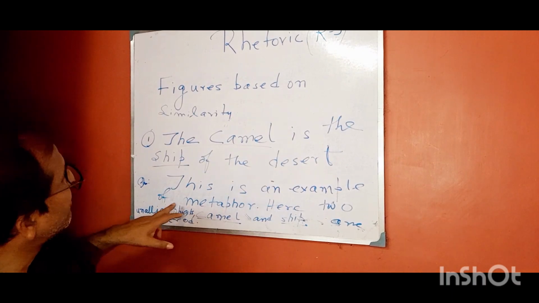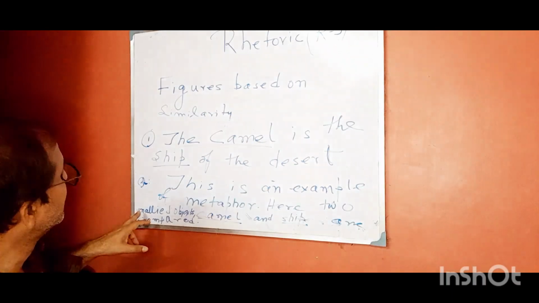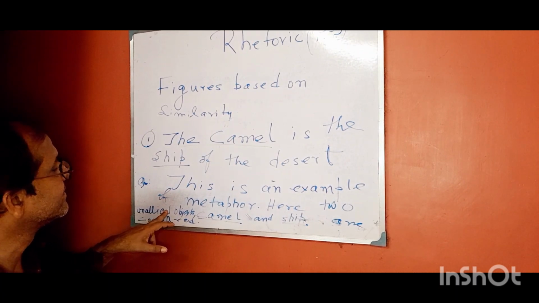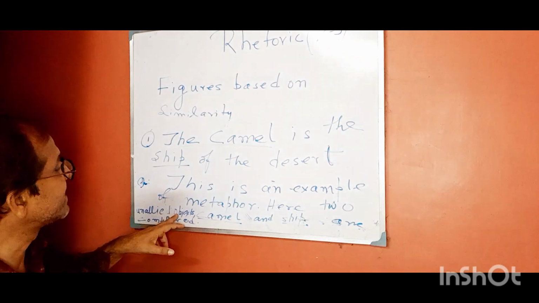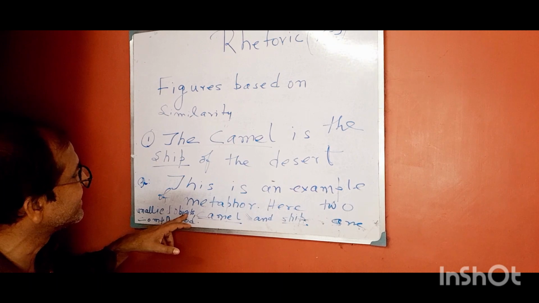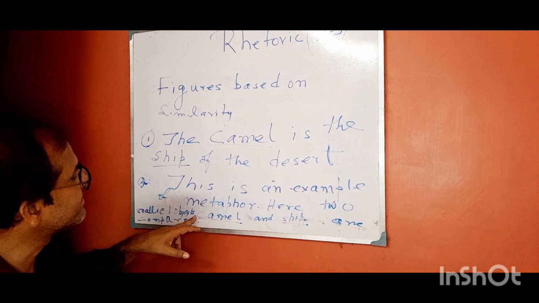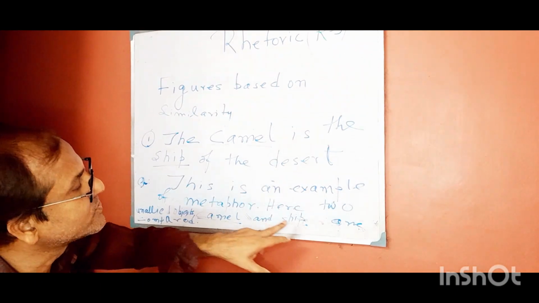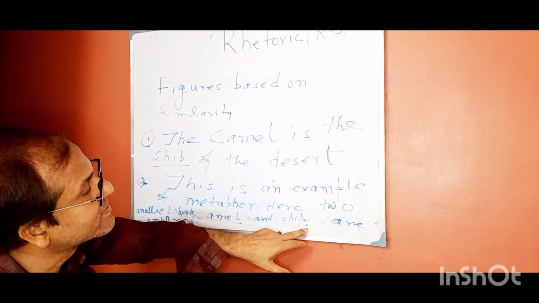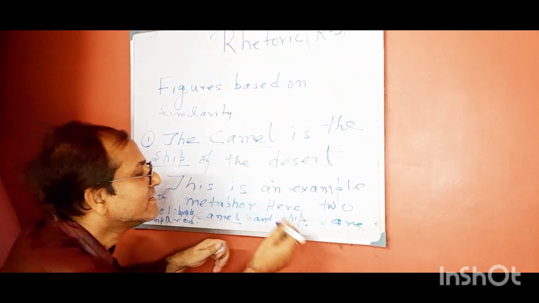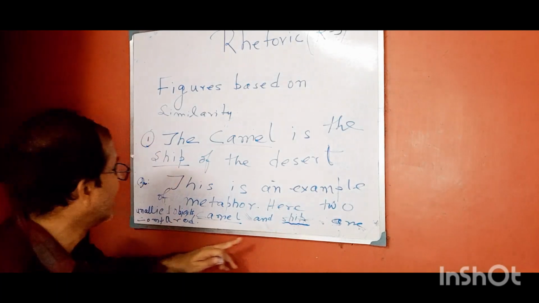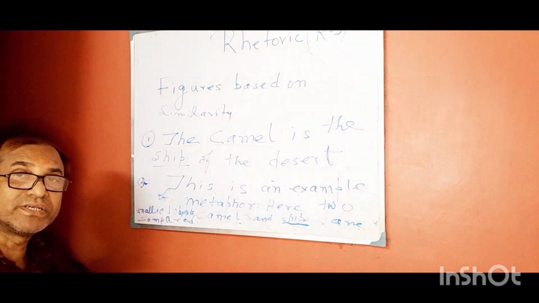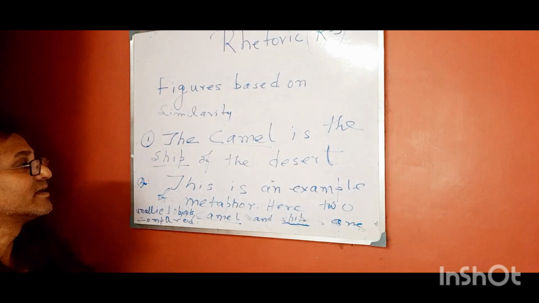This is an example of metaphor. Here two unallied objects, place a comma, then write camel and underline the word camel, and sheep. Underline the word sheep. They are compared. But my question is whether the comparison is clear like a simile.